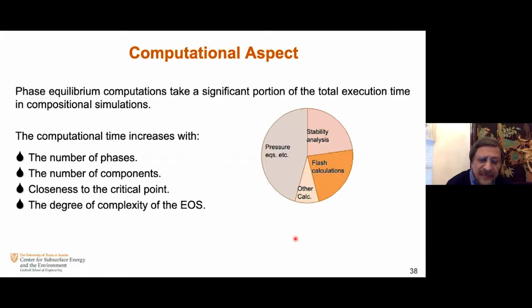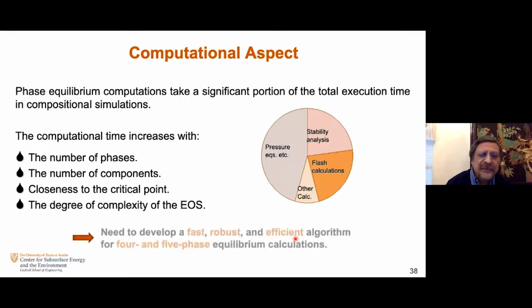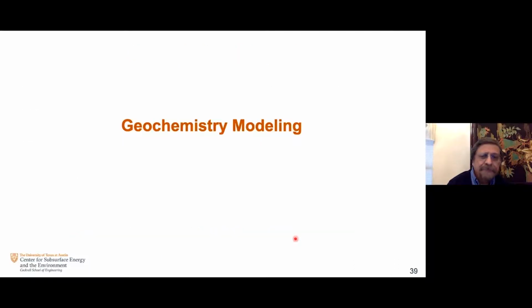I'm not discussing the solver issues, but I'm saying that to have a successful compositional reservoir simulator, we need a fast, robust algorithm for flash calculation, as well as solvers for these systems of equations. And these are really multi-phase and multi-component systems that have to be addressed.